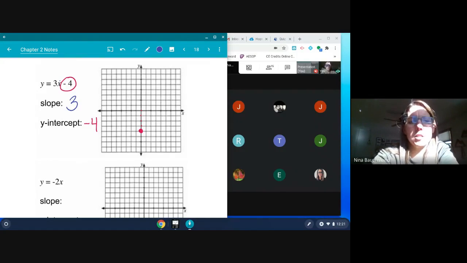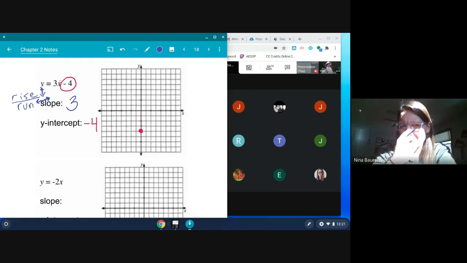Now, this one is tricky because we always go rise over run. Rise is up and down, and run is forward and back. The problem is, do you guys see we don't have a run? We don't have a bottom.